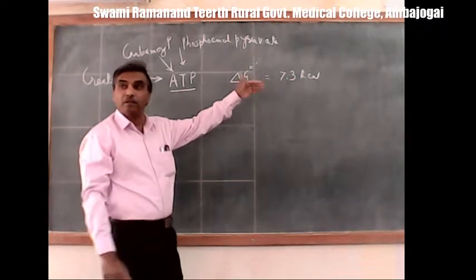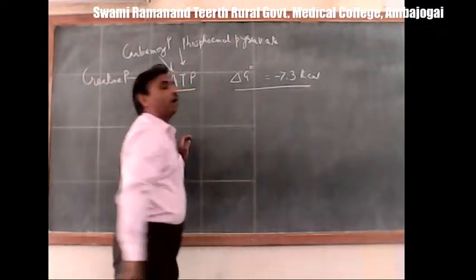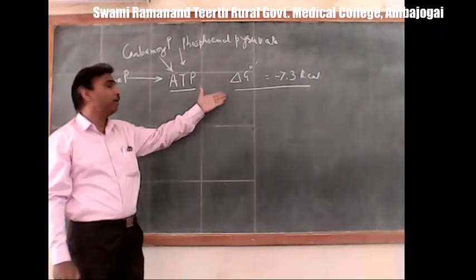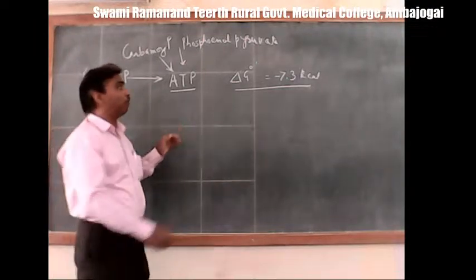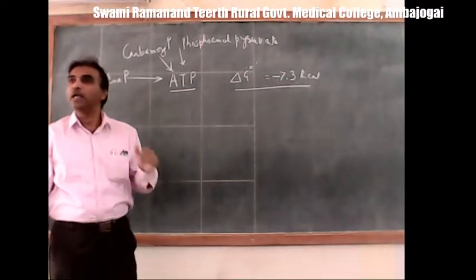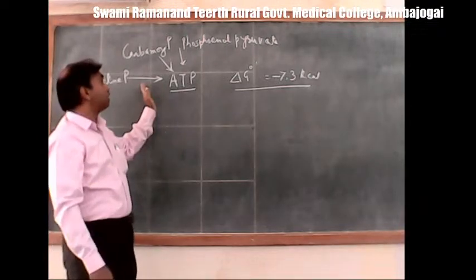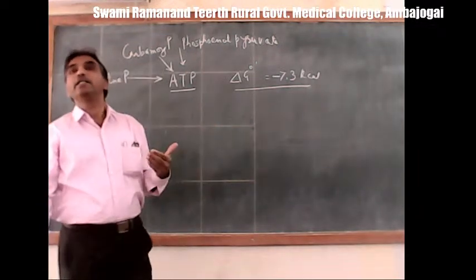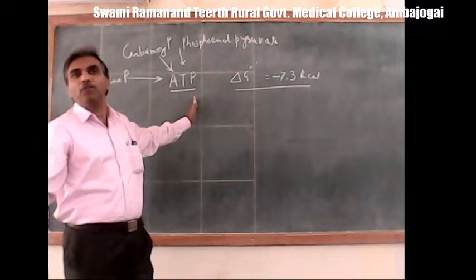These have more free energy that can be given for the formation of ATP. So previously I have not shown this mark, that is negative. It indicates that this is an exergonic reaction. So these substances have got higher energy in the form that they can donate their energy to the ATP or for the formation of ATP.